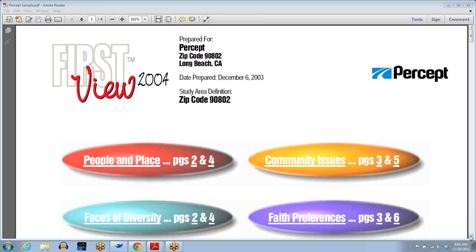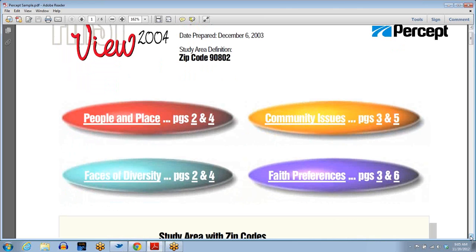This is a 6-page snapshot of any mile radius you wish to purchase: 2 mile, 4 mile, 6 mile, 8 mile, 10 mile, 12 mile, 15 mile radius. It's going to give you information about the people and the places, the diversity, how it's mixed together, and their faith preferences.